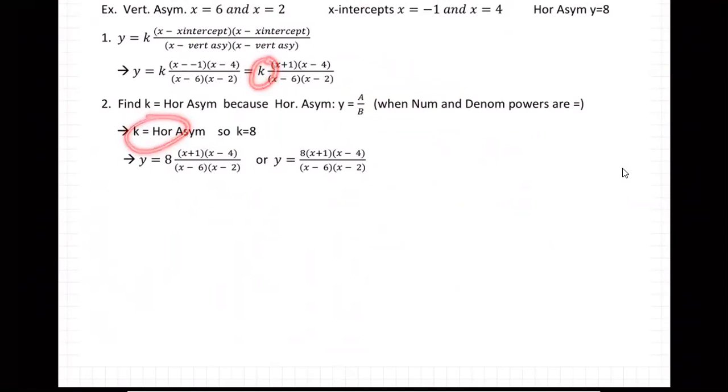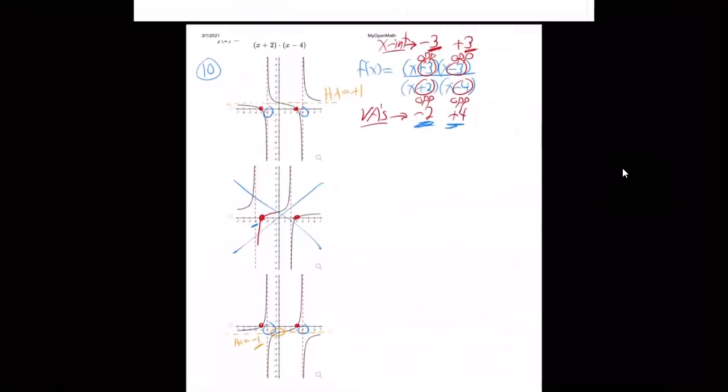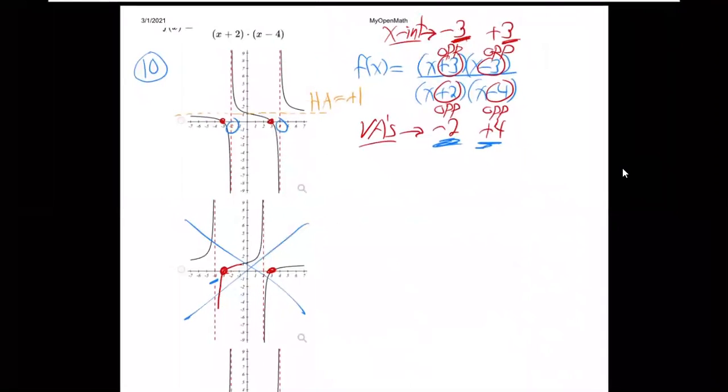And it is the horizontal asymptote. So what number do we have right here in the front of our equation? Well, we don't have any number. Right. So what's that the same as? Is that the same as a 7? No, right? 7 times that is not the same as having nothing there. What number can I multiply there and have it not really change anything? It's like it's invisibly there.